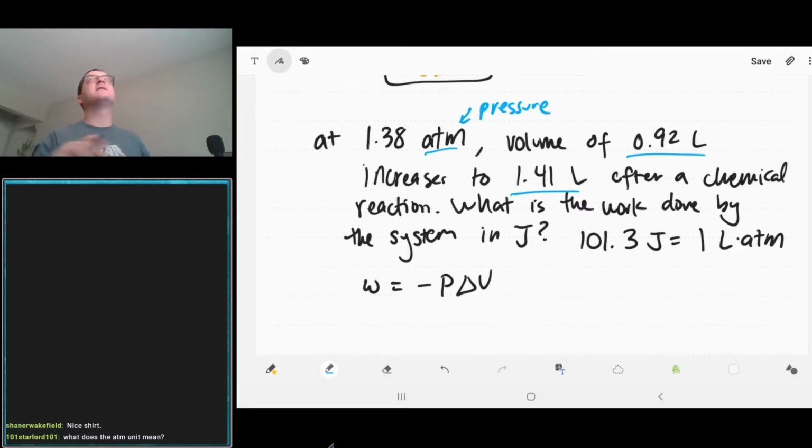Other pressure units you might see would be pascals or bars. But atmosphere will be a pressure unit. Technically, it is defined as the pressure that the atmosphere exerts upon an object at sea level. So basically, it's all of the gas atoms on top of someone hitting them at sea level. And that is what 1 atmosphere is.